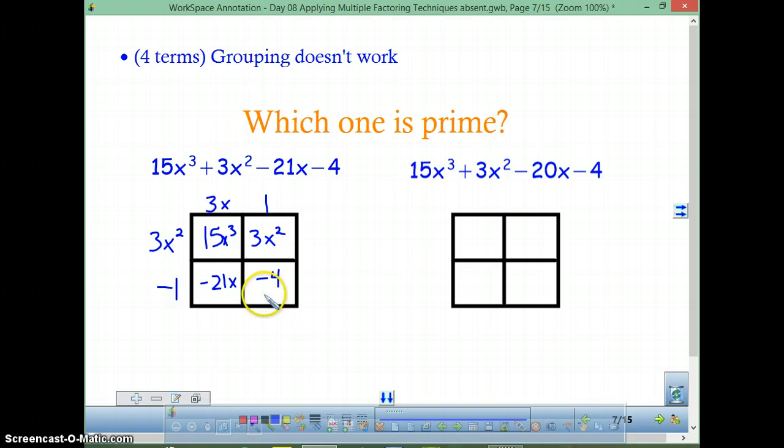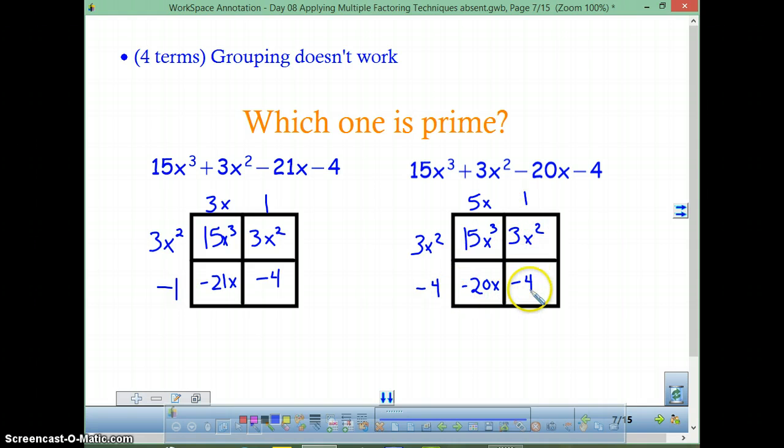Maybe it's prime. Let's try this one. Okay, greatest common factors, 5x, 1, 3x squared minus 4. Check the multiplication. Does it work?